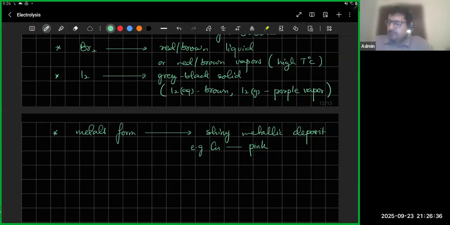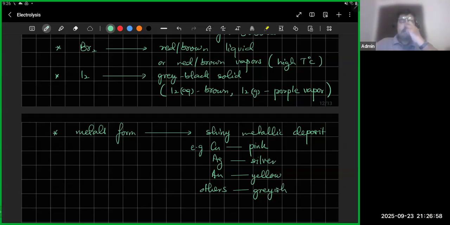You've got other things as well. Silver is obviously going to be a silver shiny metallic deposit. If it's gold, then gold is going to be yellow in color. If you have other metals, then they're mostly grayish in color. So you're going to have a gray shiny metallic deposit.